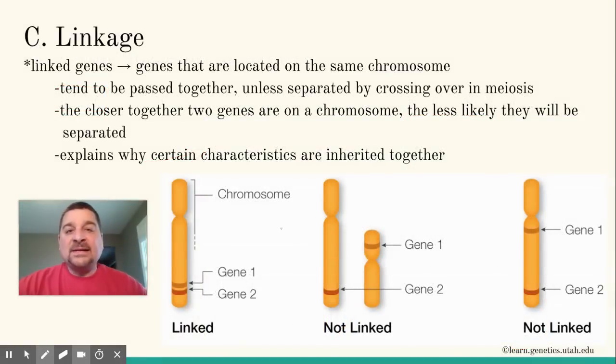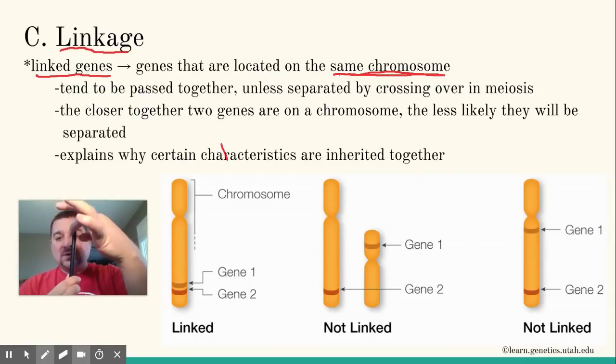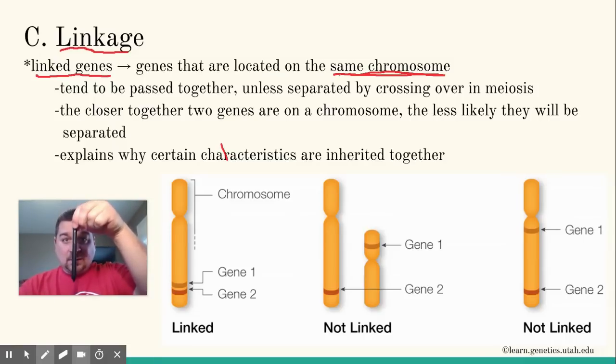Our second topic here for the first part of chapter 8 deals with linkage. Talking about linked genes, this can mean one of two things. Most of the time it means they're on the same chromosome. If this is a chromosome, then there's a gene here and a gene here. If you get this chromosome, you're going to get both of those genes.